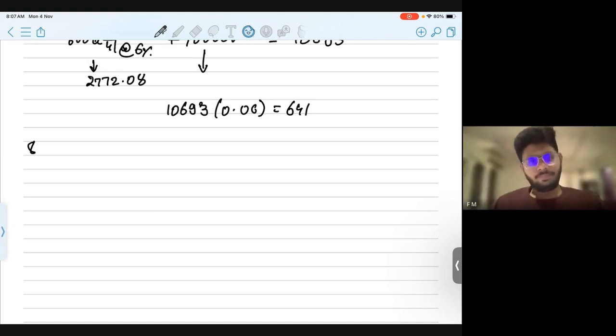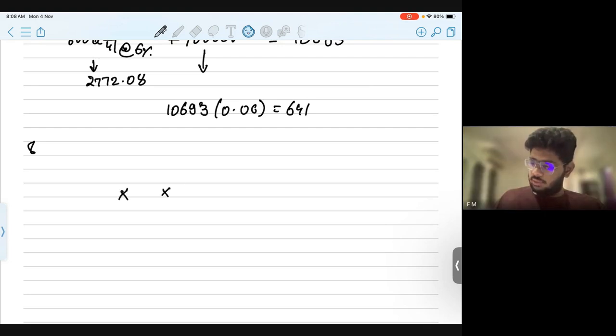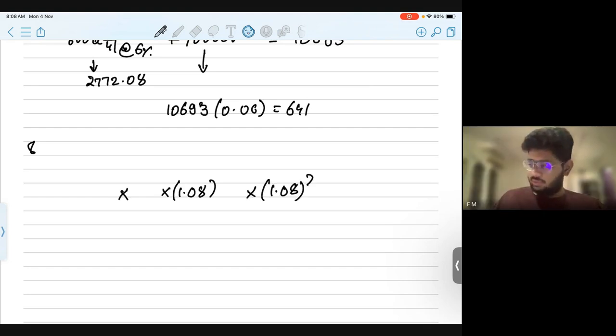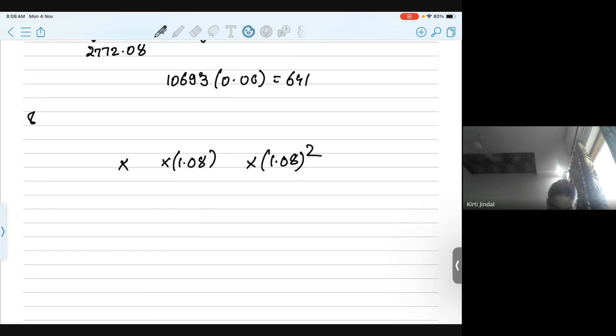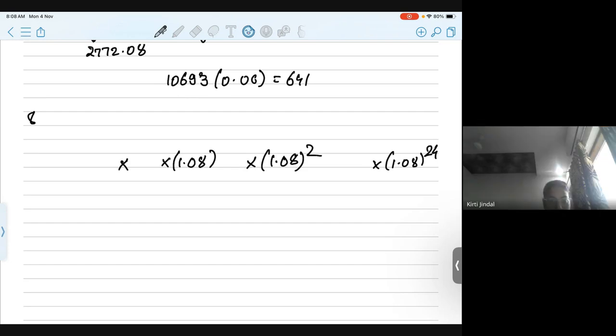In the timeline it will be X, then X times 1.08, then X times 1.08 squared. The last payment will be X times 1.08 raised to power 24, at the end of the year.